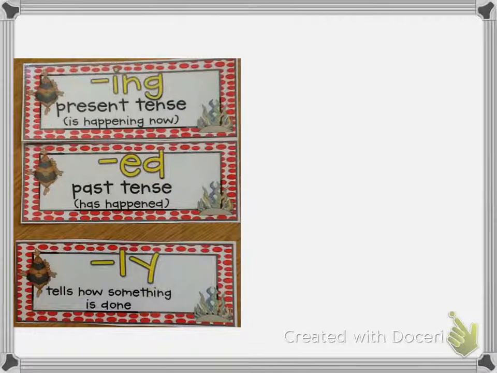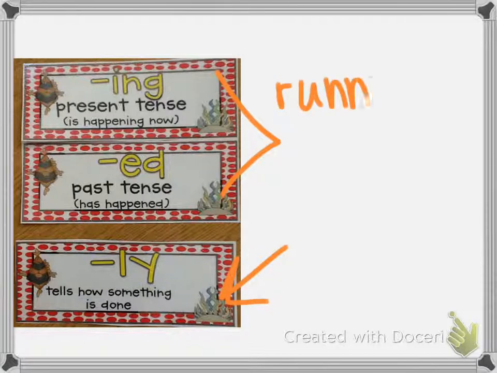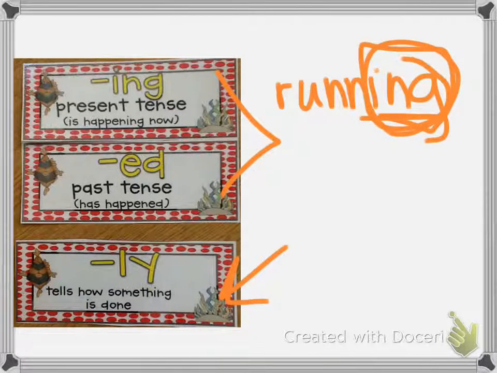Now these three suffixes have more to do with grammar. So these two words affect verbs, and this helps with verbs. So you might see a word like running, and it has that suffix on the end. It means that you're doing it in present tense. Okay?